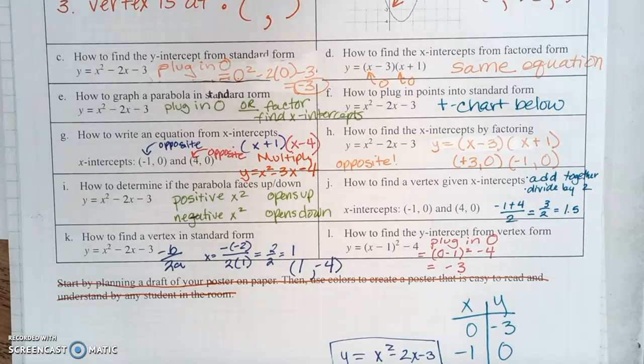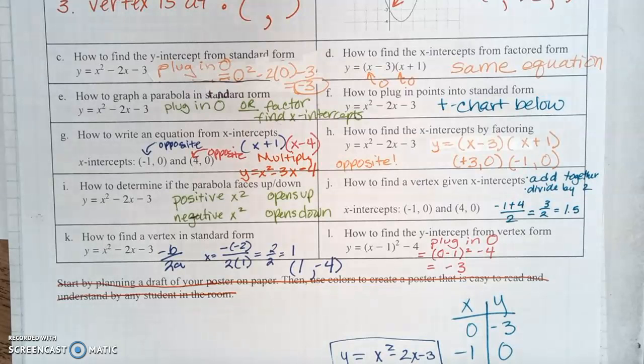Box K is when you're given your equation in standard form. In standard form, it's easier to use part of the quadratic formula, which is -b over 2a. The b is your -2.